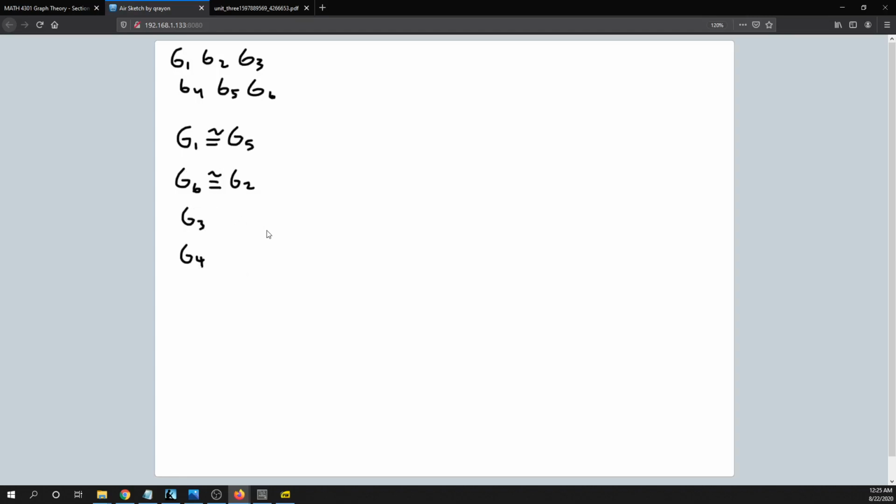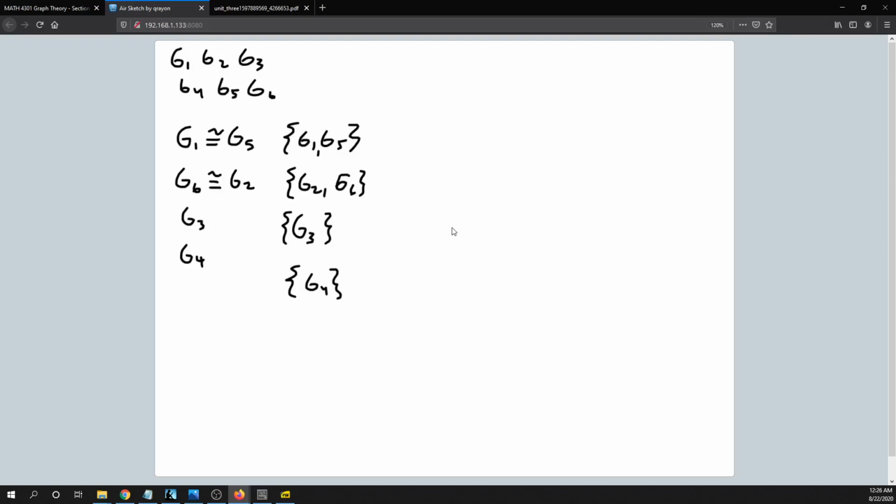So your equivalence classes would be G1, G5; G2, G6; and G3; and G4. Okay. So your answer would look something like this.